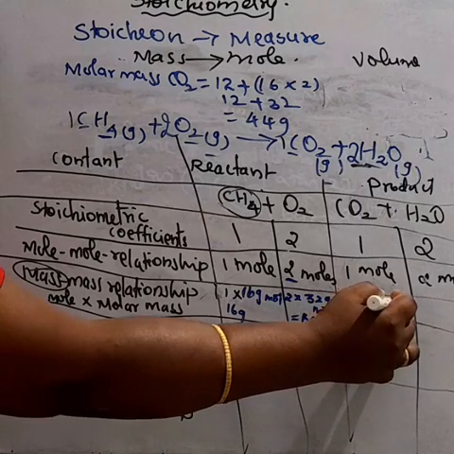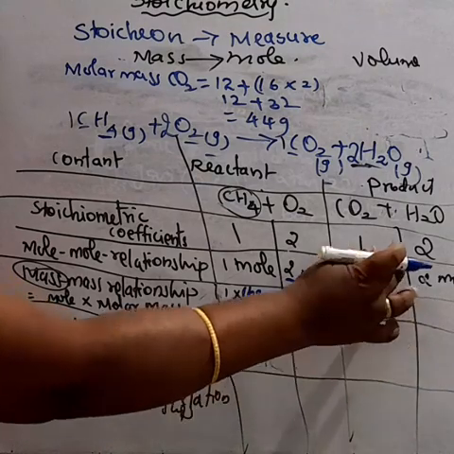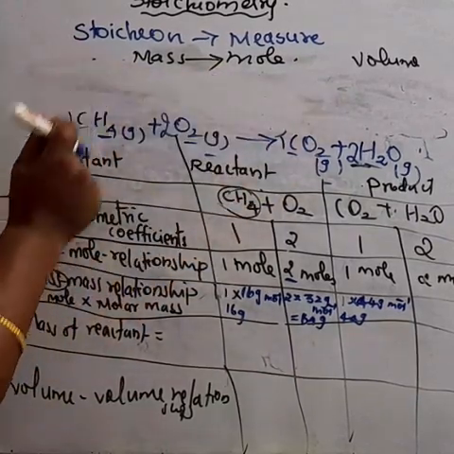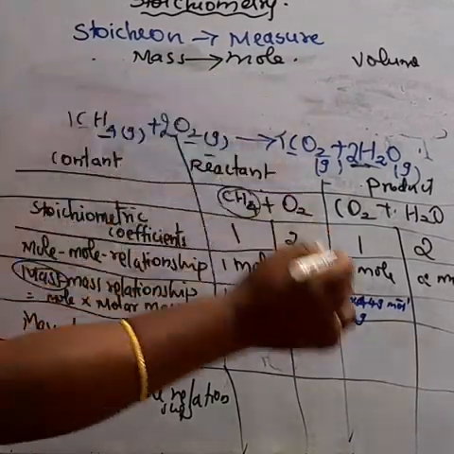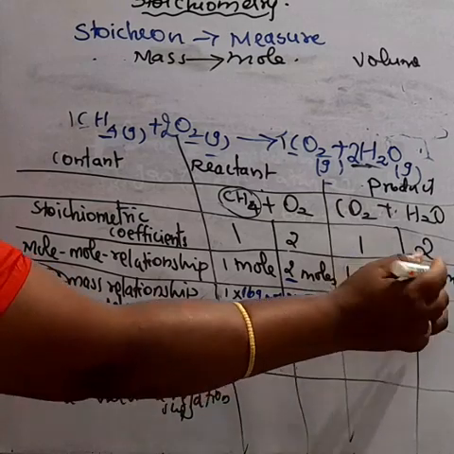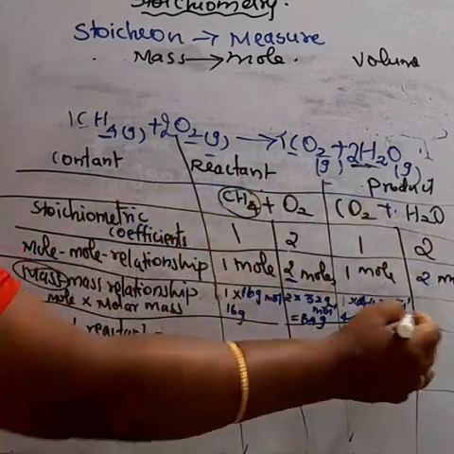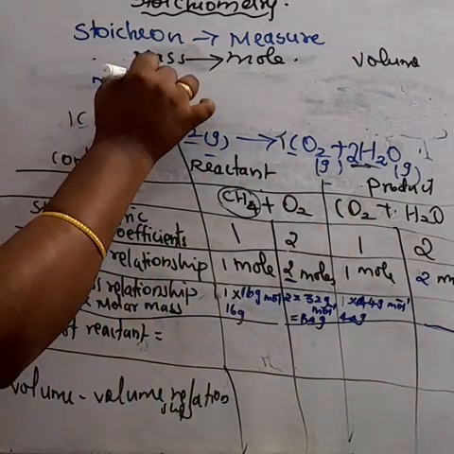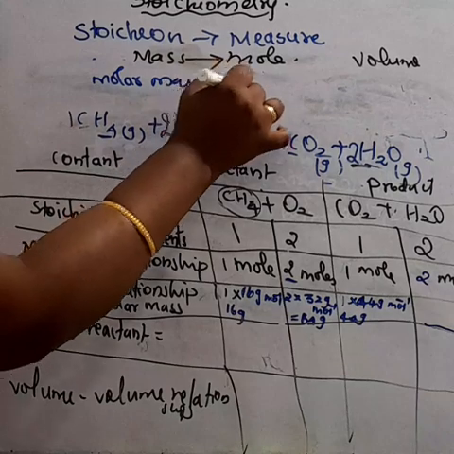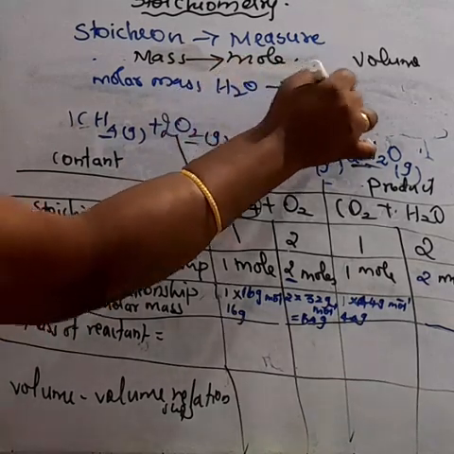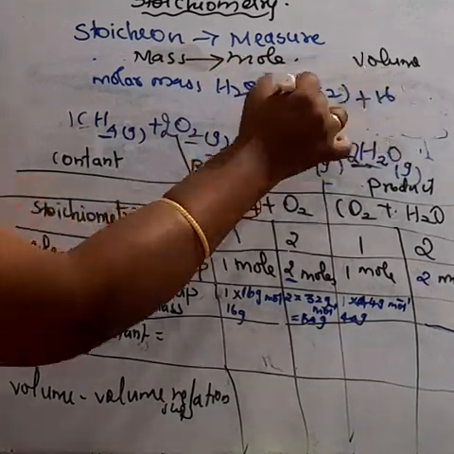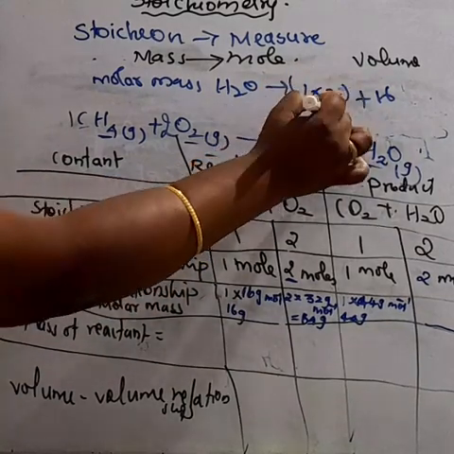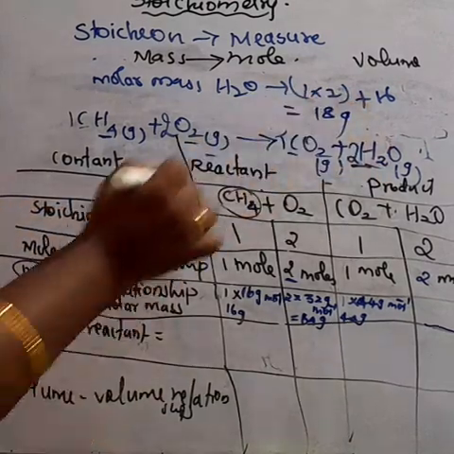For water, the mass is equal to number of moles into molar mass. What is the molar mass of water? H2O means hydrogen 1 into 2 plus oxygen atomic mass 16, so 1 into 2 plus 16 is equal to 18. So 2 into 18, 36 gram.